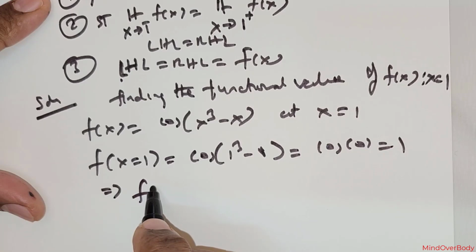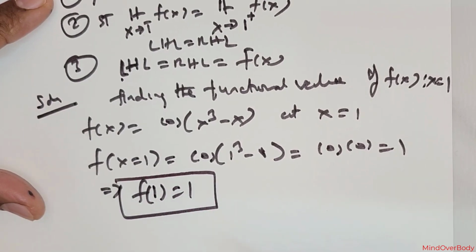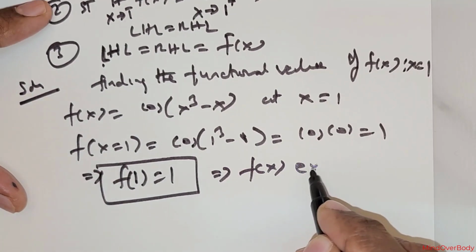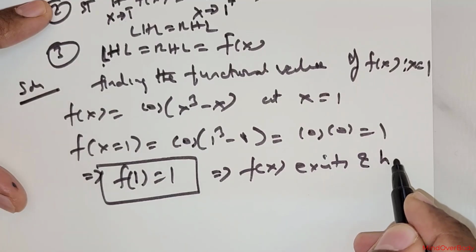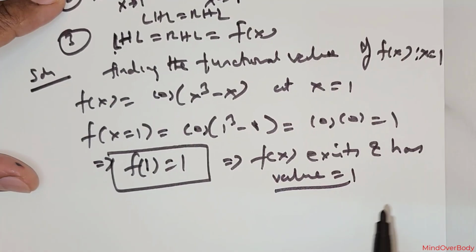So this means f(1) = 1. So that's the first step. This in turn means f(x) exists and has value equal to 1.